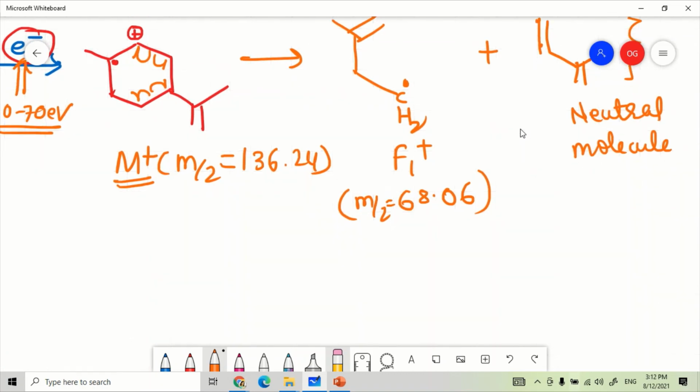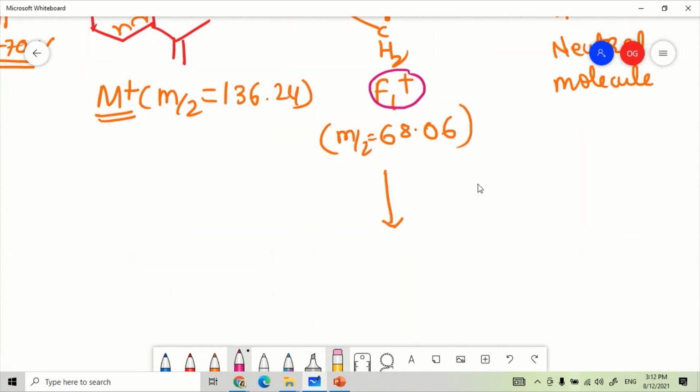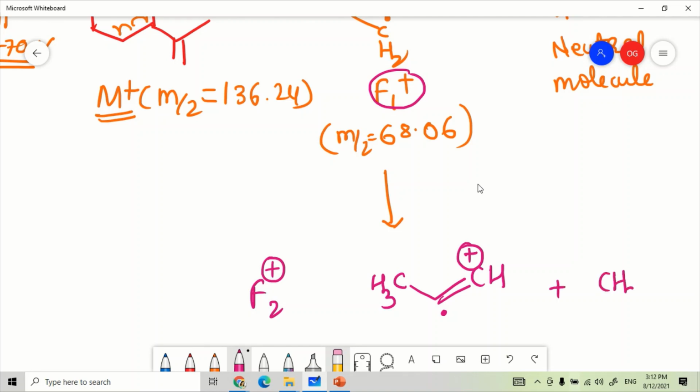Now further fragmentation is also possible for this particular fragment. This fragment F1 plus can further undergo fragmentation by homolytic cleavage at this particular bond. If that is happening, then the further fragment ion, my F2 plus, would look like this: CH with a positive charge or radical, and this is the CH3, and along with this CH2, that is the neutral molecule which is formed.